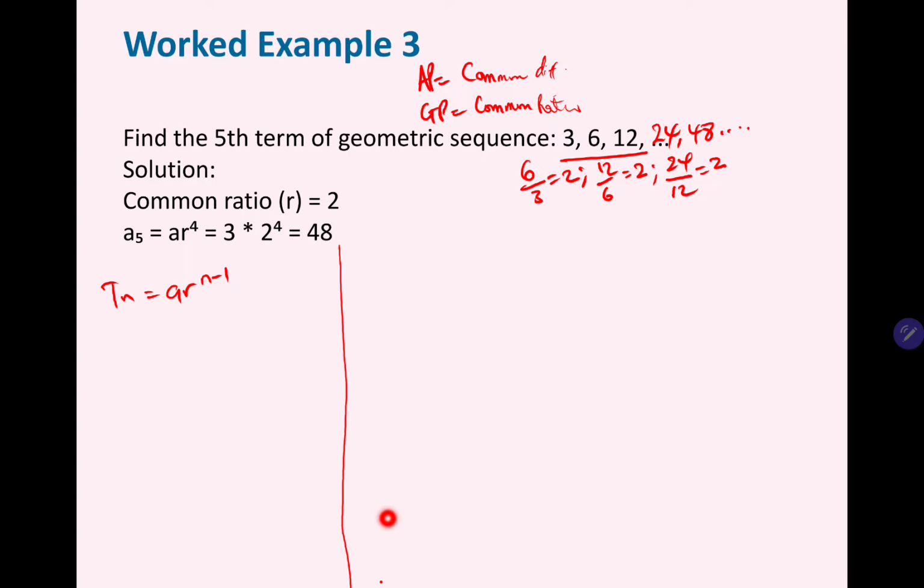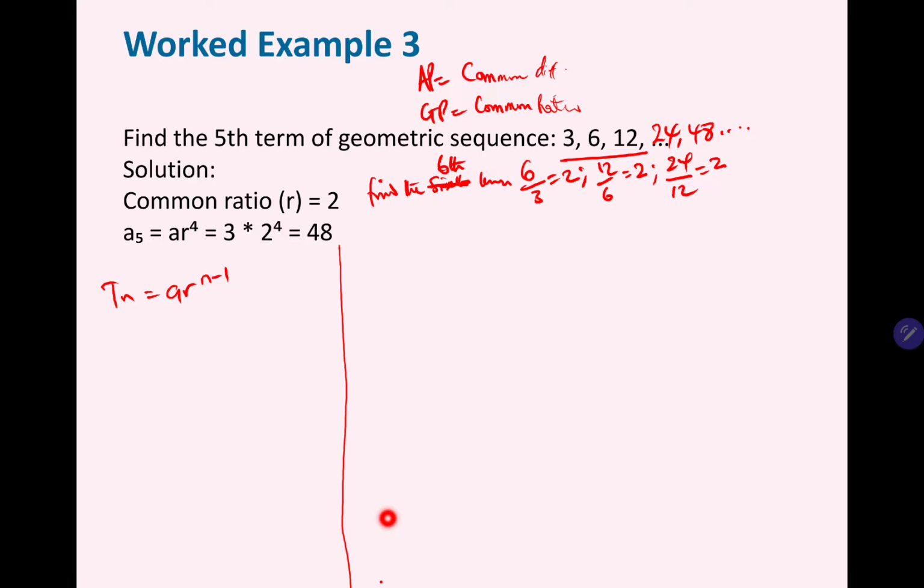All right, so let's put this to the test. The application of this will now be, if they say find from this sequence the 6th term. Find the 6th term.